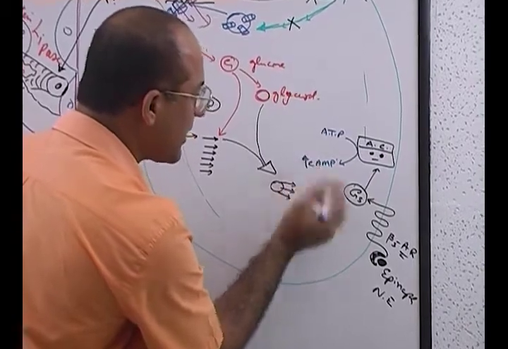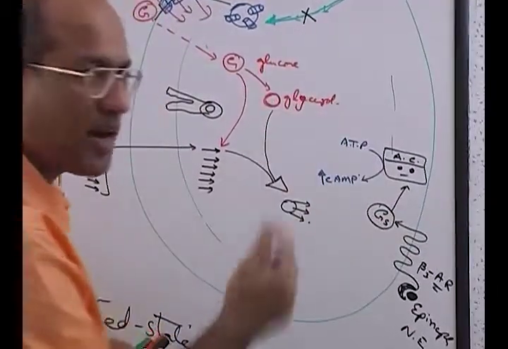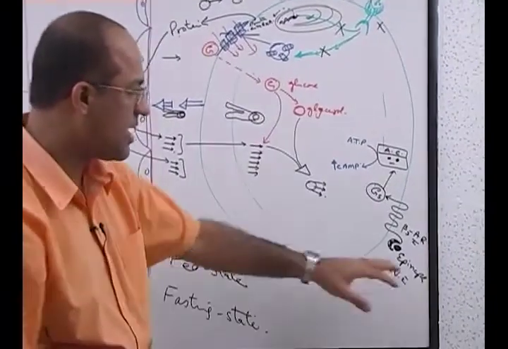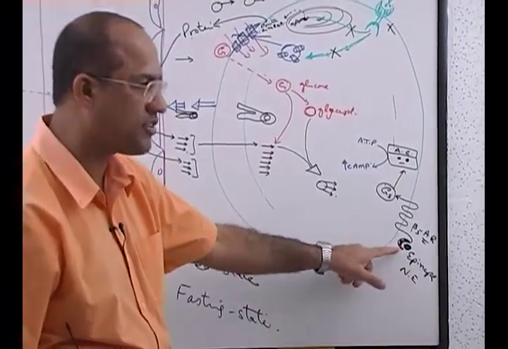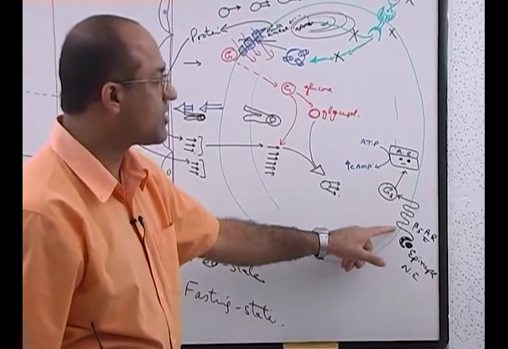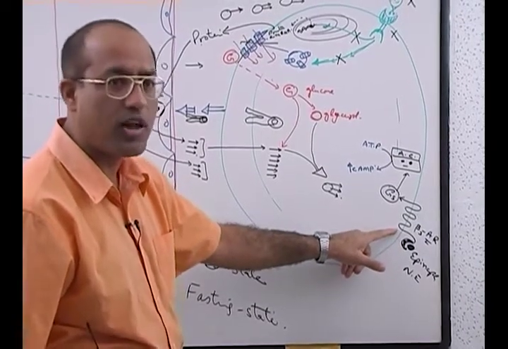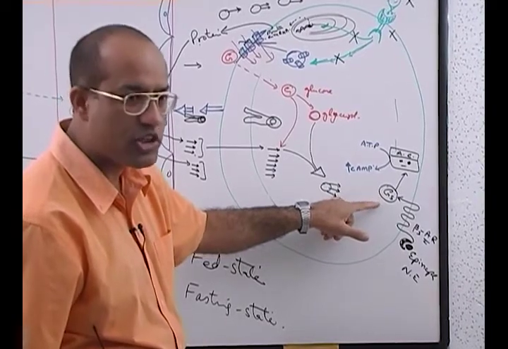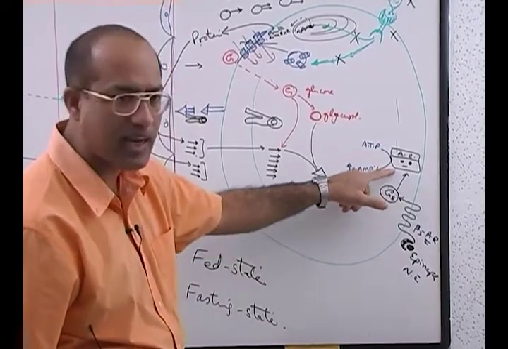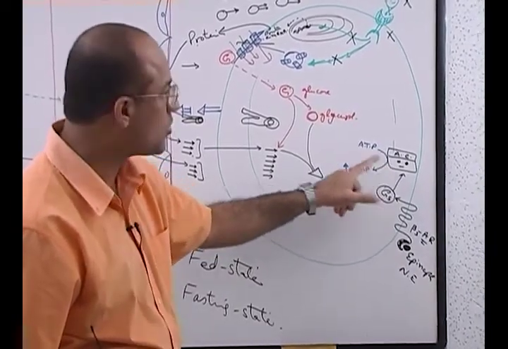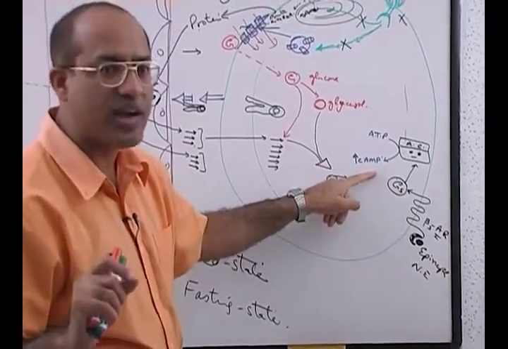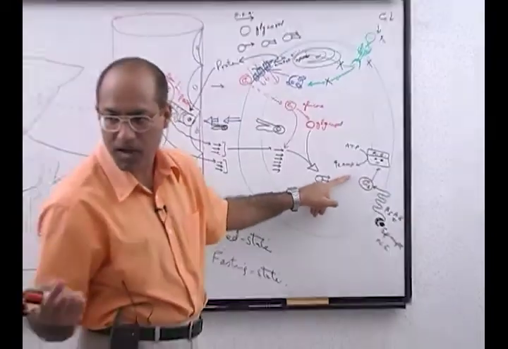In the cell, cyclic AMP level will go up. Again, it's so simple. Epinephrine and norepinephrine stimulate the receptor. The receptor is a serpentine type receptor. All 7 pass receptors are coupled with G proteins. This G stimulatory protein stimulates adenylyl cyclase, which converts ATP into cyclic AMP. In the fat cell, cyclic AMP levels go up.